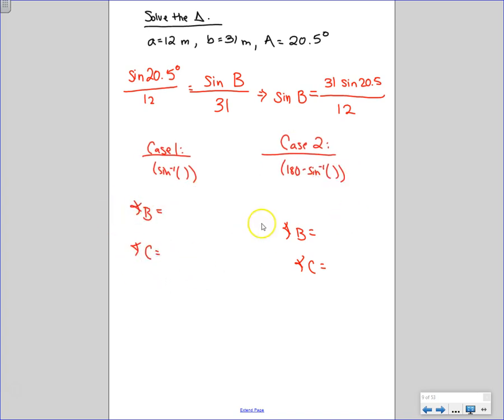For some of you, the visualization is going to help you remember, but for others, just plugging in the formula, you should naturally be getting the feel for when the ambiguous case is happening. So hopefully every time you think, oh, I have to do sine inverse, you think, better check 180 minus. You guys agreeing so far?